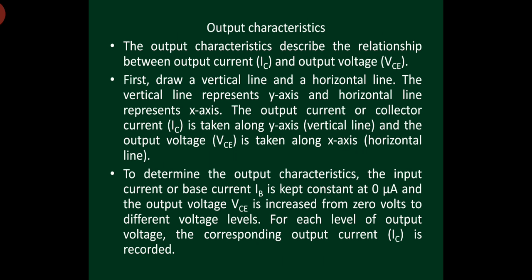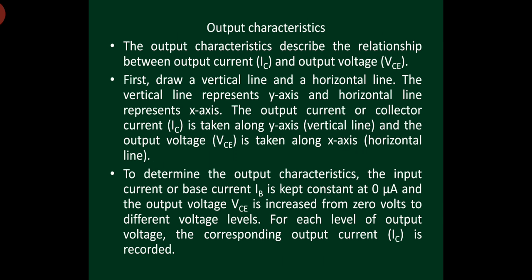So what do I have to do? I have to make IB fixed at different levels and vary VCE, record the collector current IC, and plot the characteristics between VCE and IC for different fixed values of IB. This is what I am going to do now.